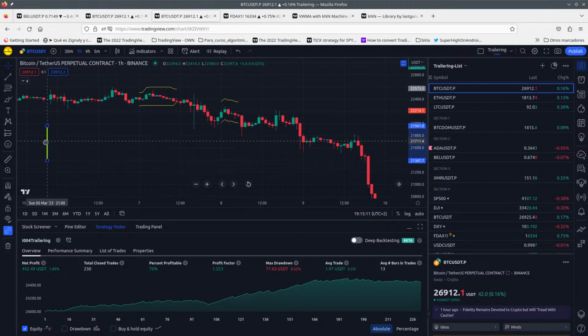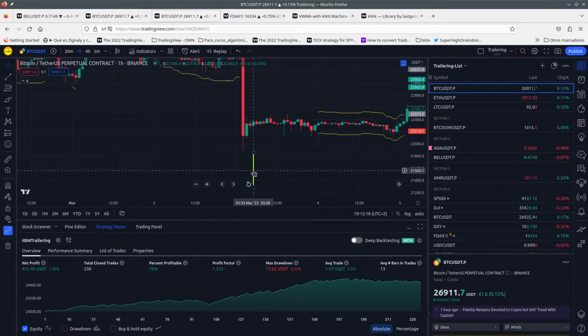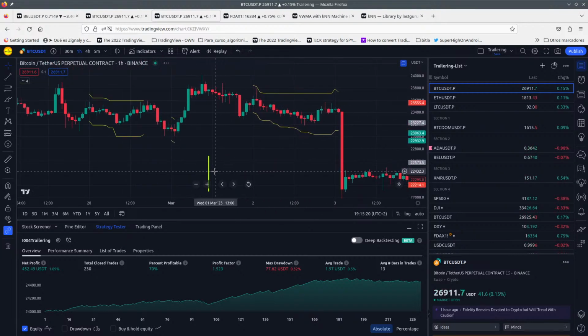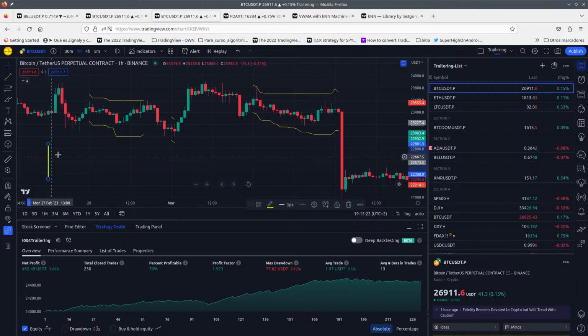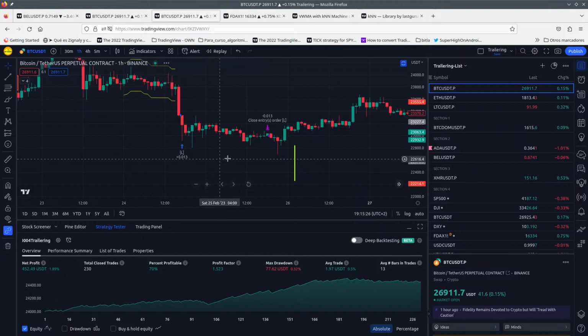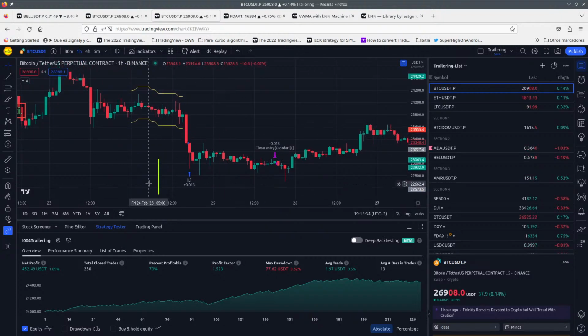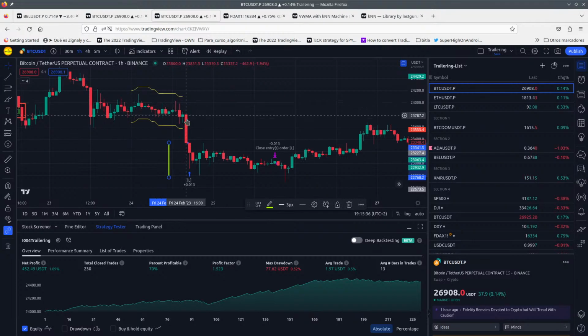So let's see. Okay, this is another one, and what you can see here is that the low is lower, so we don't take it, we don't lose anything.